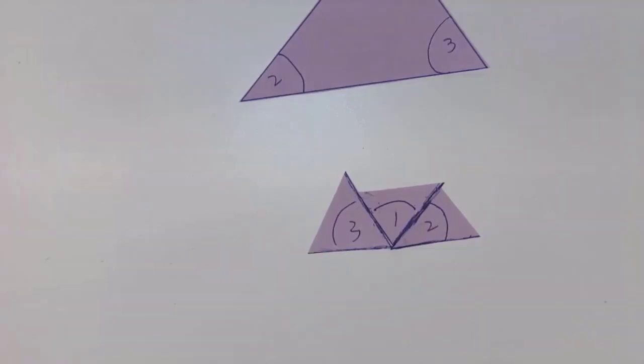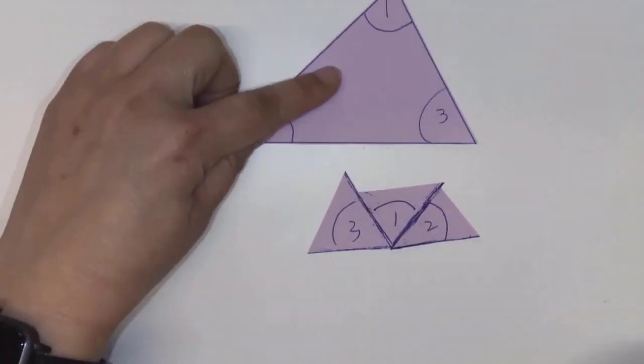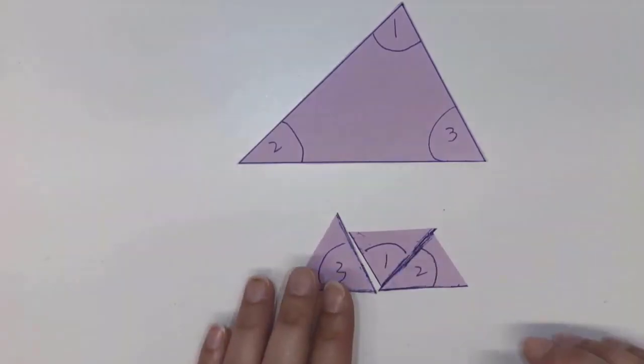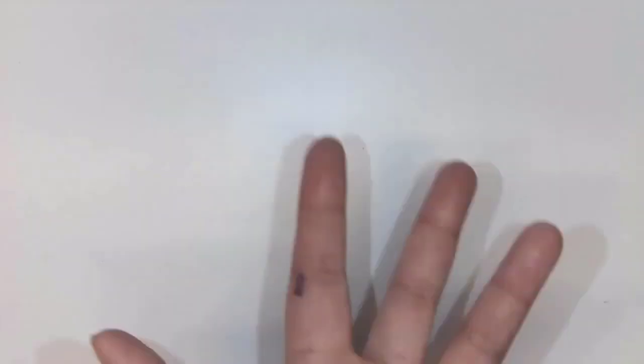So all 3 of them would be supplementary, though I don't know if I can call it supplementary. Supplementary would be 2 angles, but the 3 angles add up to 180 degrees. So this is how you prove the inner angles of a triangle add up to 180 degrees, okay? All right, so that would be a good activity for elementary school students to do.